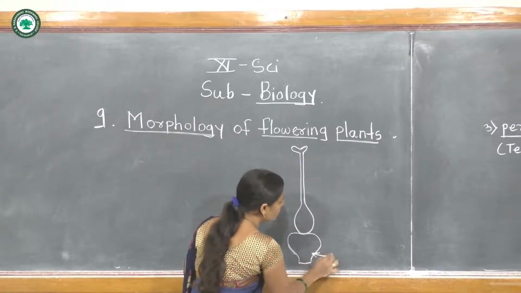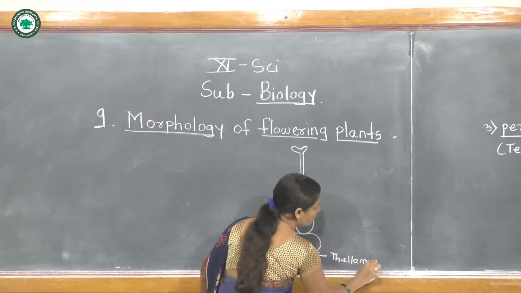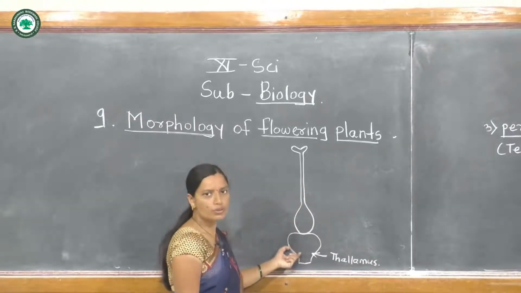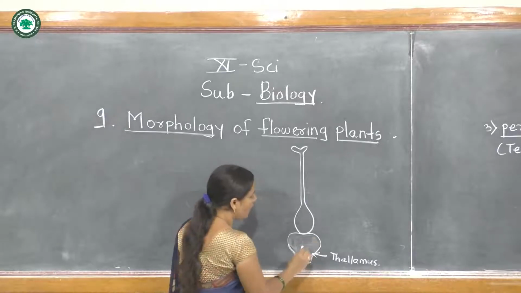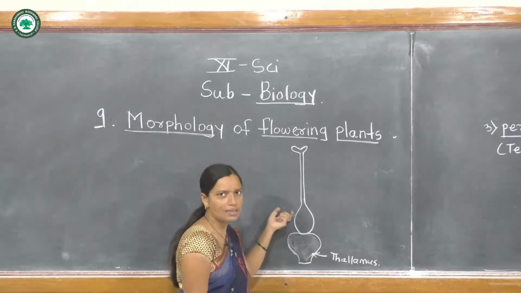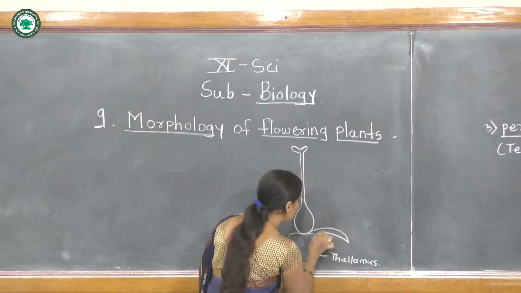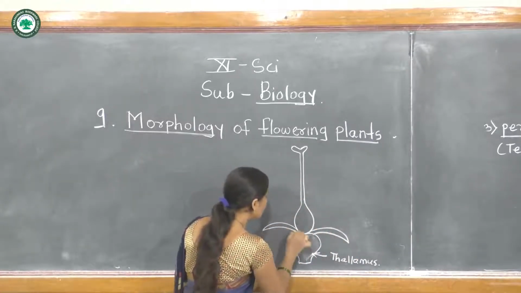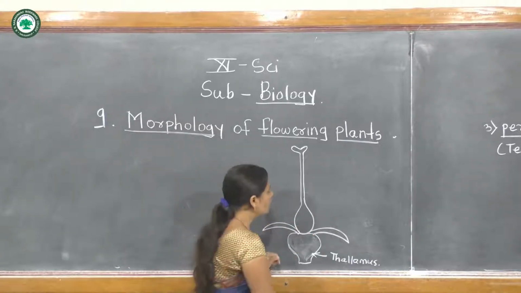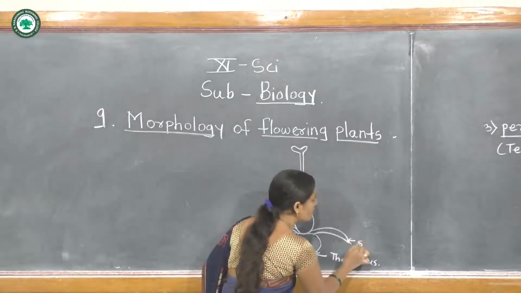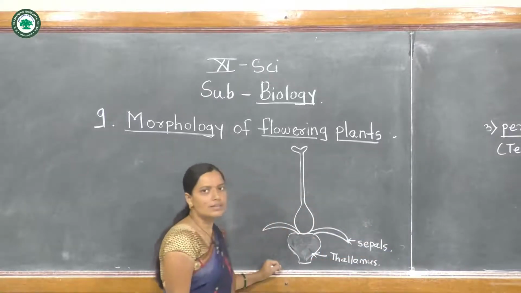It is green and has a photosynthetic function. It is a green, disc-like structure, and all the floral parts are attached on this thalamus. This part is the calyx, which is green, and individually the calyx is known as sepals.